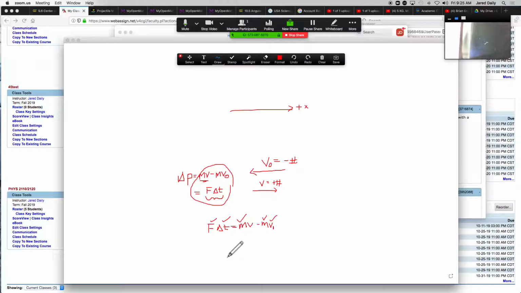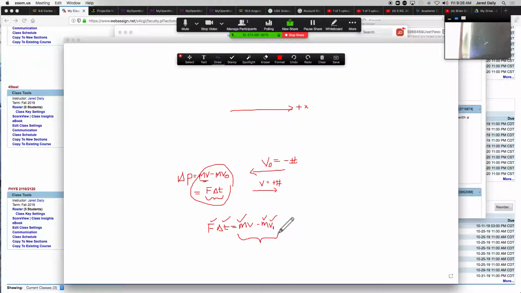But the reason that I talked about that negative positive thing is that on this side of the equation, if you don't get those velocities plugged in with the proper signs, you will not get this problem right. And it doesn't matter which way you choose to be negative, as long as you stick with it. What matters is that you plug them in correctly into the equation so that it gives you the right answer out.